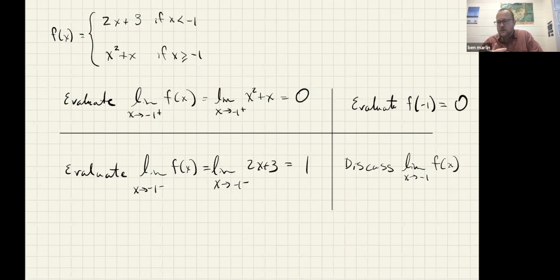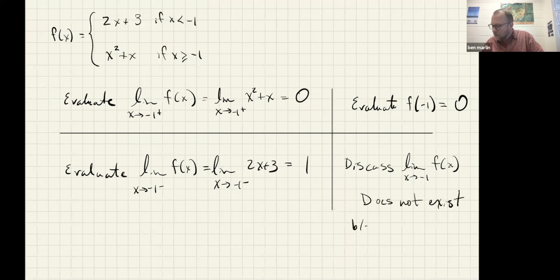When we talk about the idea of continuity, a function being continuous requires that the left-hand limit exists, the right-hand limit exists, and the function value is defined. And all three of those objects need to turn out to be the same thing. So here, we actually say that this limit, where it doesn't say left or right, it only says limit as x goes to -1, this limit does not exist.